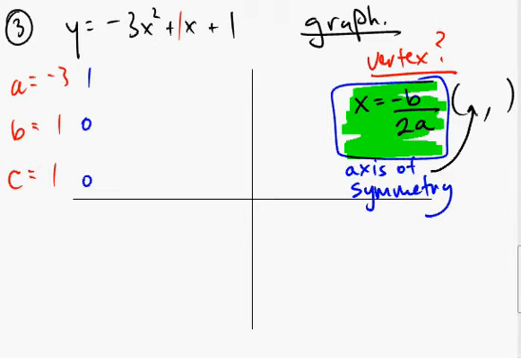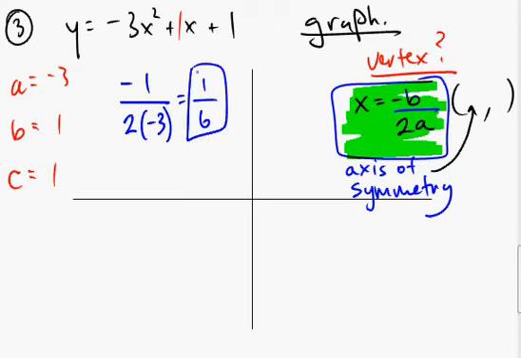It will tell you how far left and right the vertex is. So we're just going to use these ABC here in this. -1 over 2 times -3 is -1 over -6. 1/6.